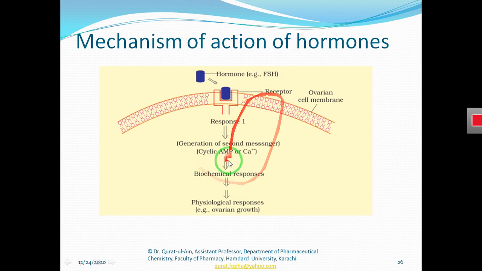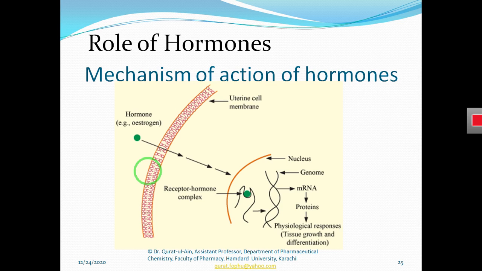And here is another example, another mechanism of the hormone. You can see that the hormone binds receptors on the cell surface. A hormone can bind with its receptor on the cell surface or inside the cell, but it depends on the type of hormone. The steroid hormone, for example estrogen, has its receptor inside the cell.